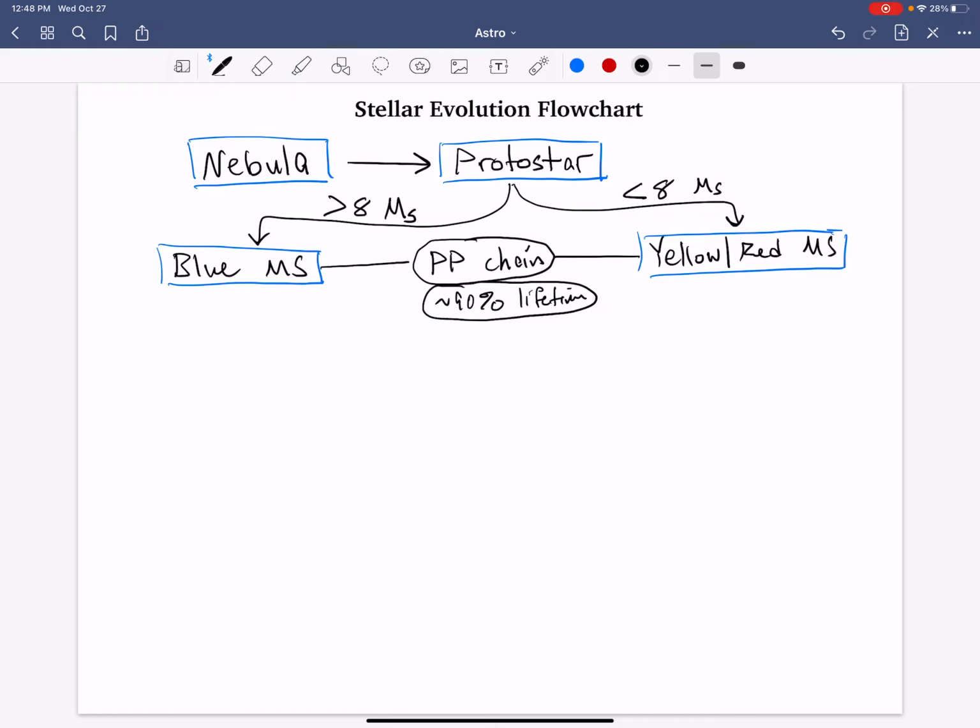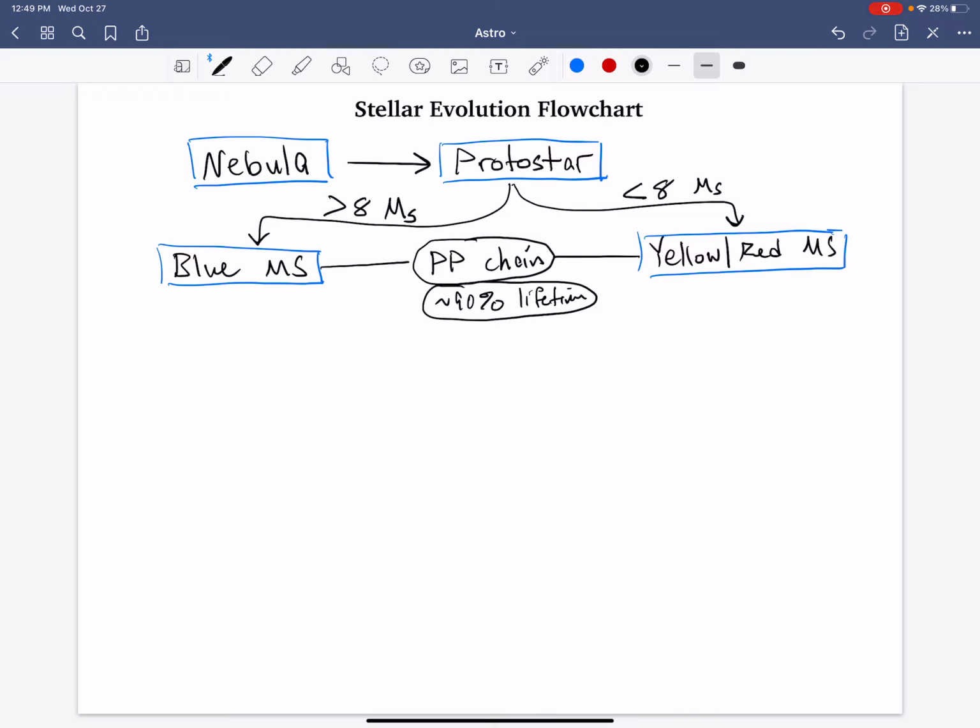Now, what happens next? Well, in the core of these stars, hydrogen is fusing into helium. Well, that means helium is being created. The core, though, is not yet hot enough to fuse helium into carbon. So what happens is that the helium just kind of collects at the very center.